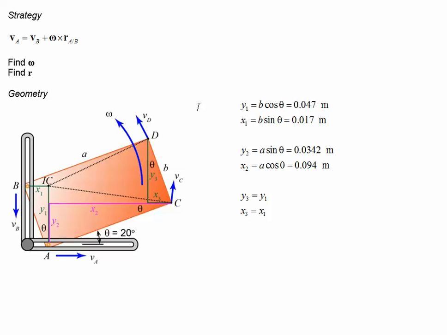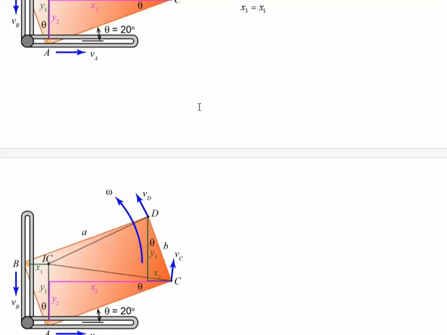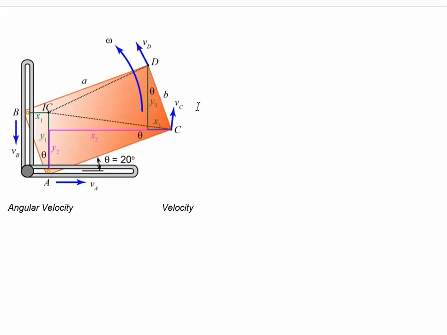All right, so we have all the geometric information, and we can apply that and find the angular velocity and then the velocities. The angular velocity is really easy to find, because if we know where the IC is, it's really like tackling a fixed axis rotation problem. So all we need to know is the velocity of one point and the distance between the 2, and we can find the angular velocity.